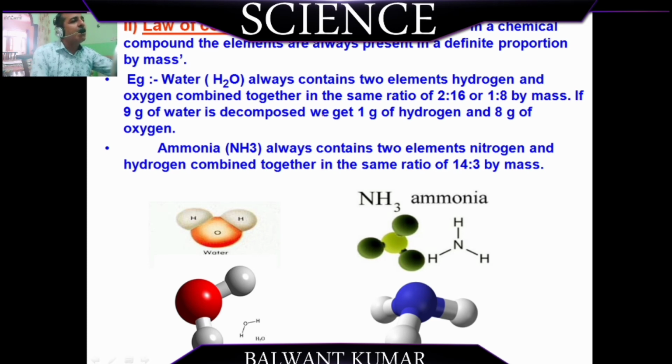What is this law? Before we state this law, let me think of a water molecule. What is water? H2O, in which two hydrogen atoms are attached with one oxygen atom, leading to the formation of H2O.